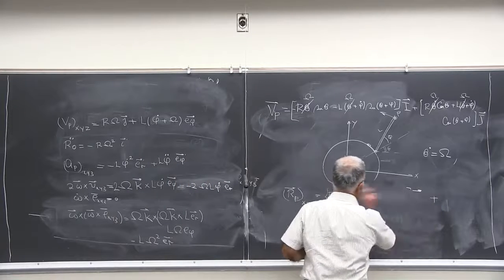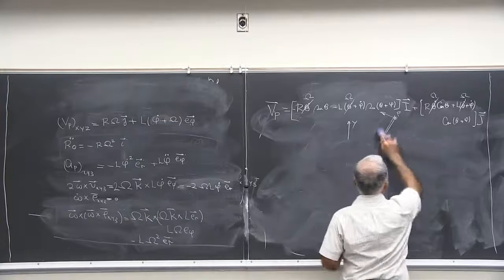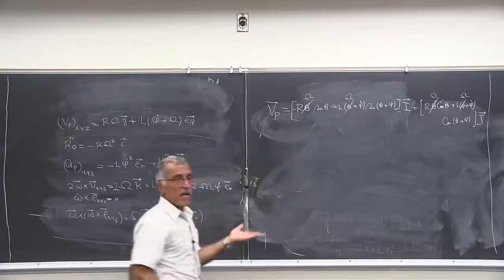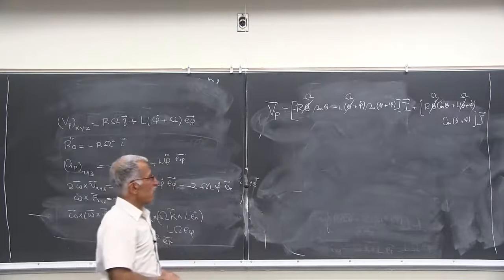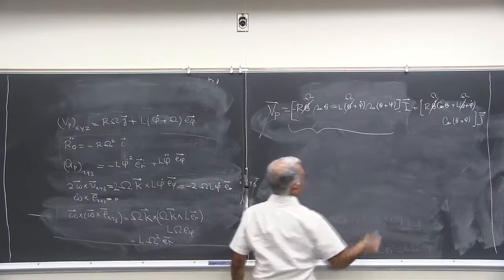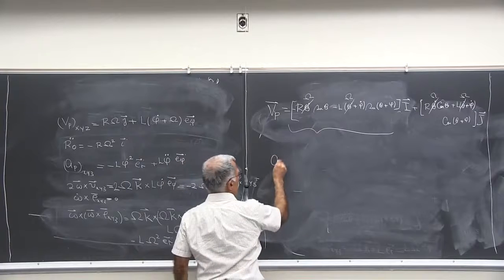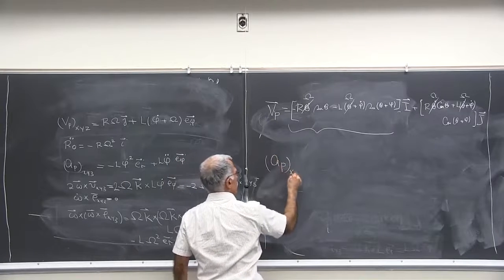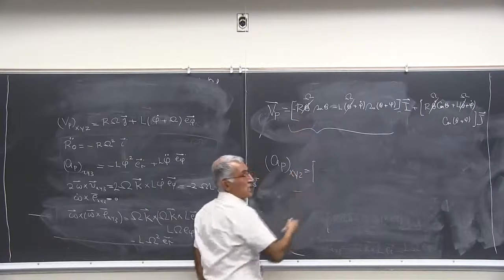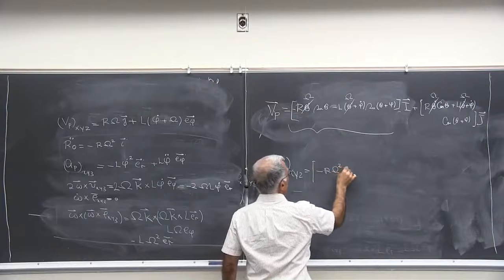So let's give you another problem. Of course, once I have this velocity here, you can simply take one more time derivative. I just do one of the terms so you can see how it is done, but you can do the other one. So the acceleration of point P with respect to the main reference frame is equal to, R is constant, omega is constant, no problem, minus R omega squared cosine theta.